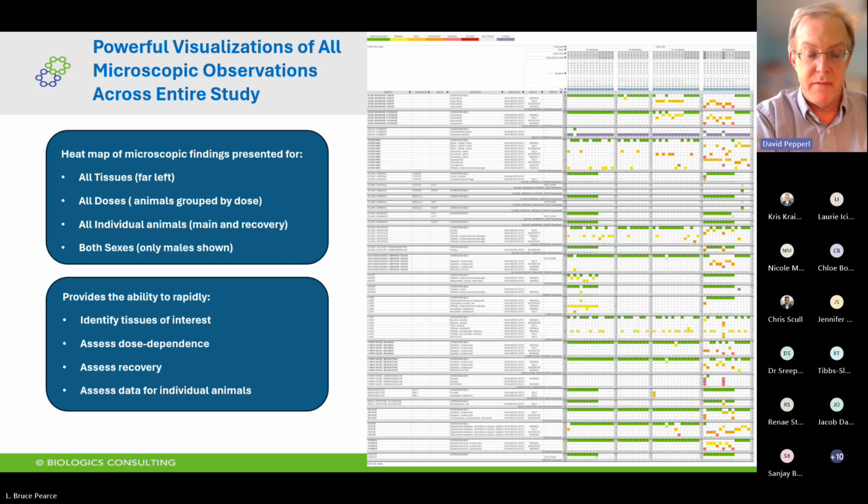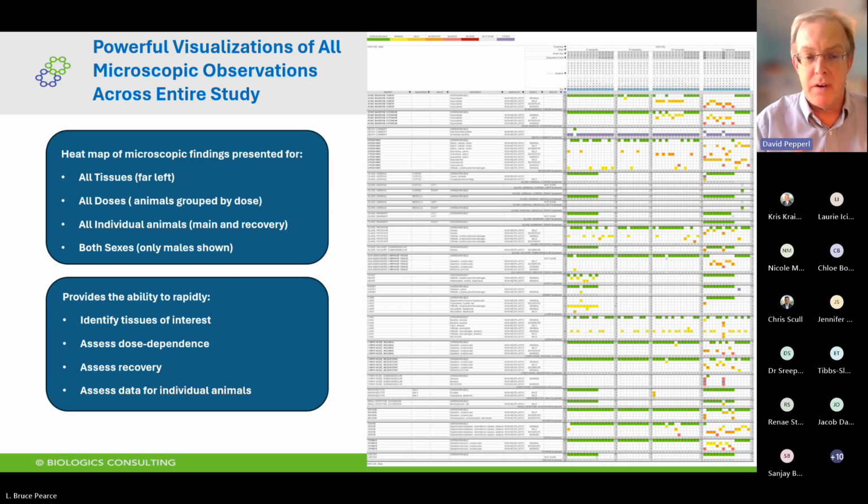So what this really affords the reviewer then is the ability to quickly look at all the tissues along the left-hand side, all the dose groups together along the top, as well as individual animal data for both the main study and recovery, and of course, data for both genders.